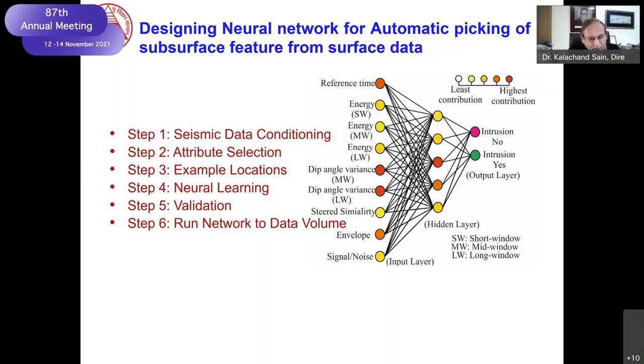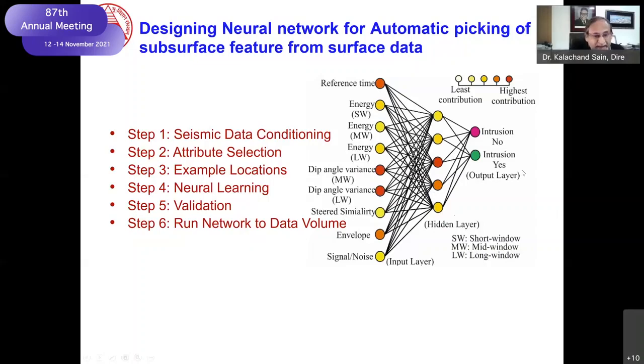But when we have multiple attributes, then we will be able to define that channel or levee system very clearly. Then this attribute information is linked to the output through the hidden layer. And for those who are well versed in neural systems, they know how the input, the hidden, and the output layers work.